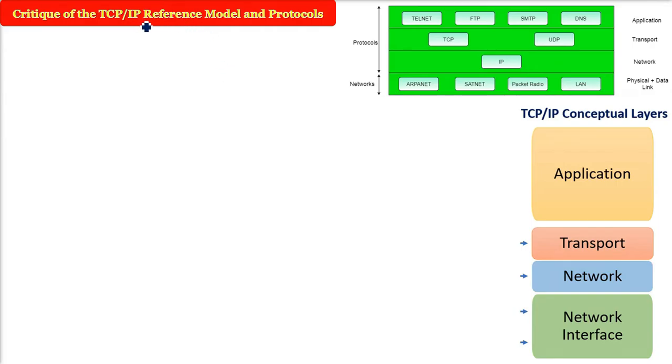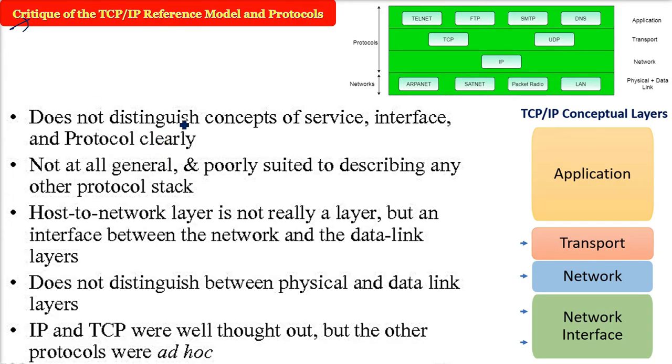Now the criticism of TCP/IP, because TCP/IP is not a perfect protocol stack, or reference model. First of all, ISO OSI has a clear distinction, and the key concepts are service, interface, and protocol. But in the TCP/IP reference model, these three are not defined clearly, though they are the backbone of any network design.